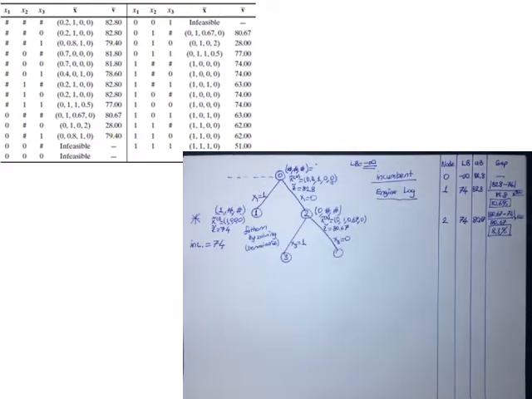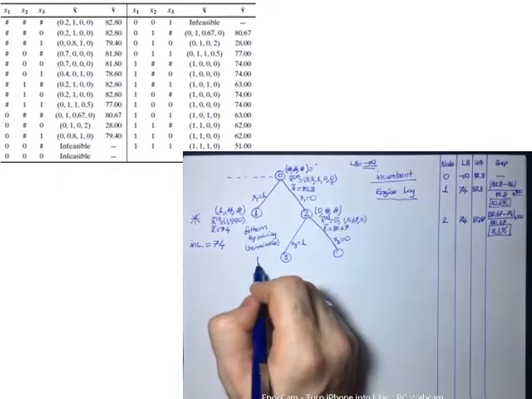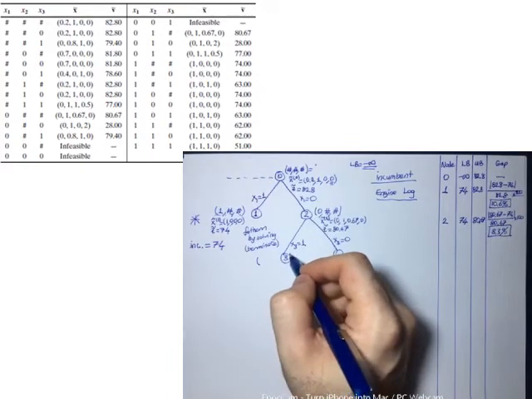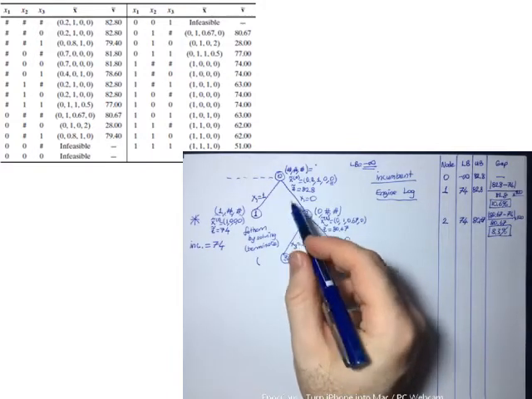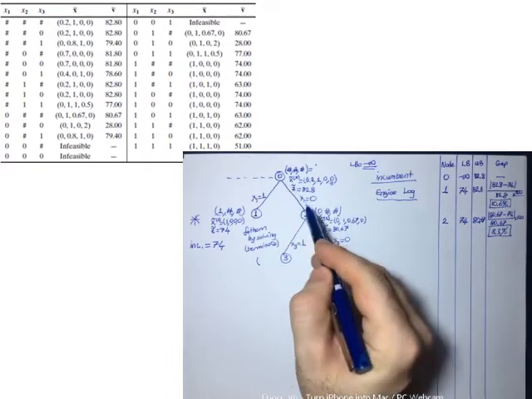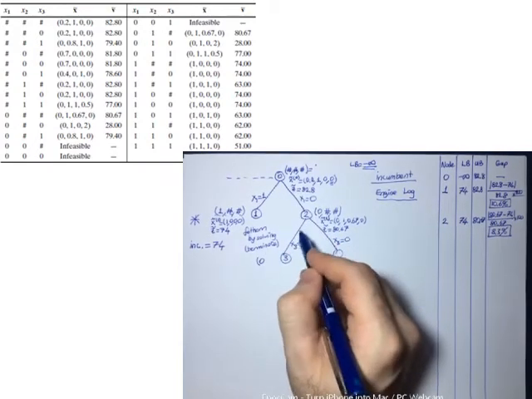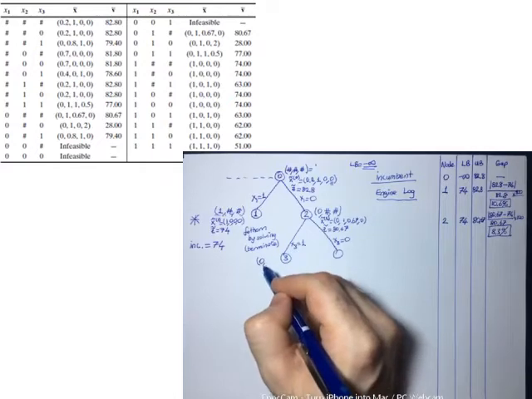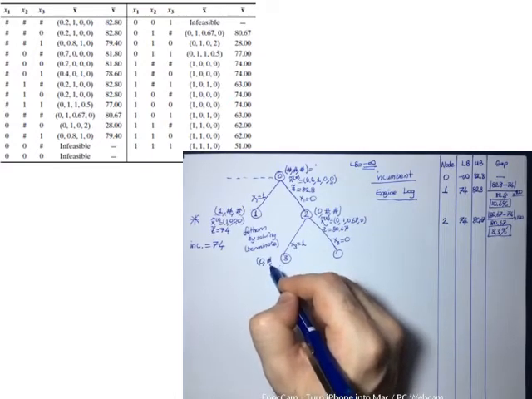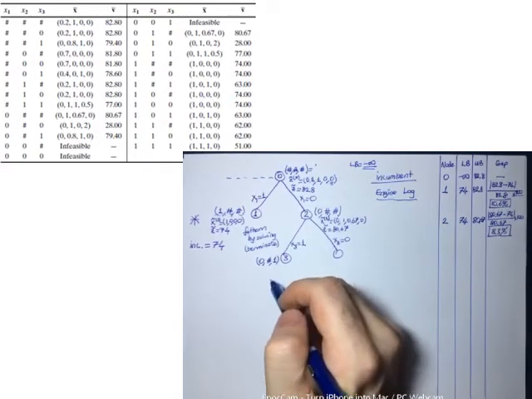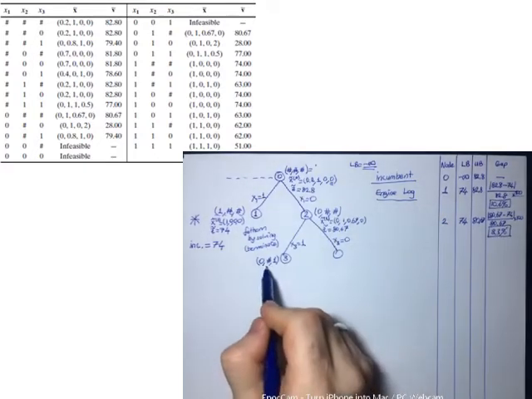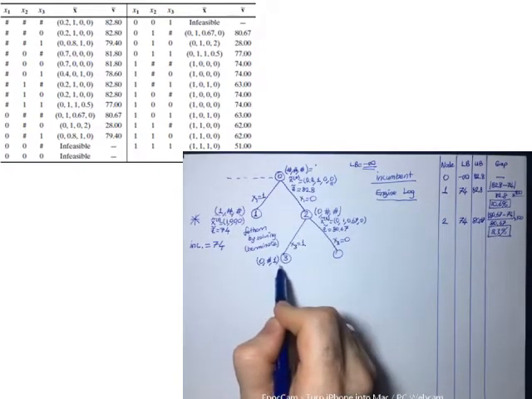And now I need to write what is the problem that I am solving here. For that reason, you need to follow the path from this node up to the root. Here we fix the value of x1 equal to 0, and here we fix the value of x3. It means that x2 is still free and x3 is fixed to 1. So we are solving this problem: 0, free, 1.